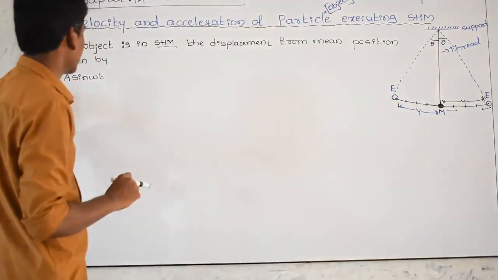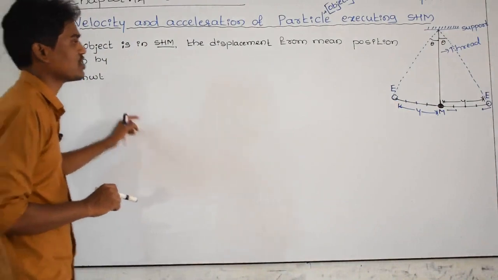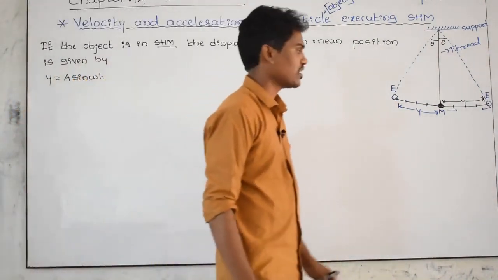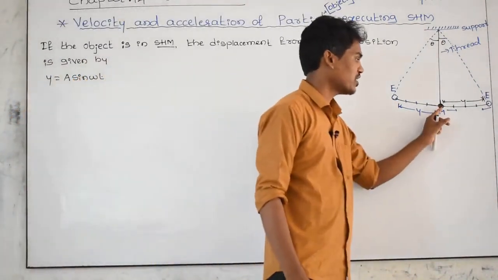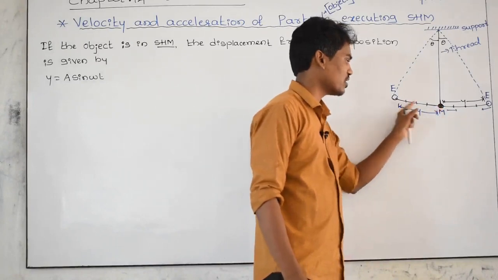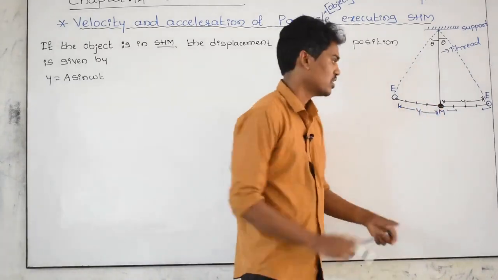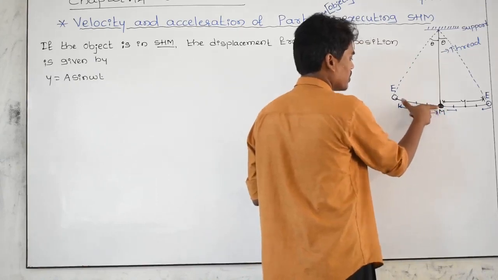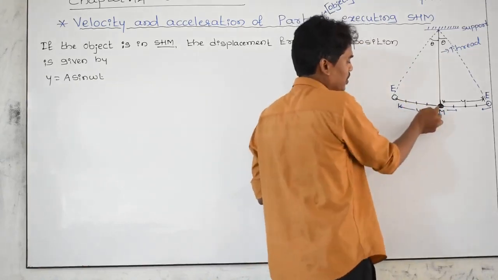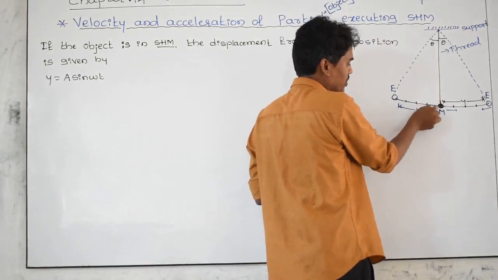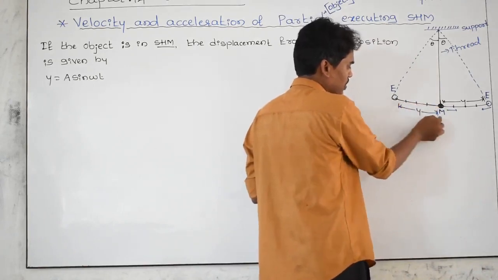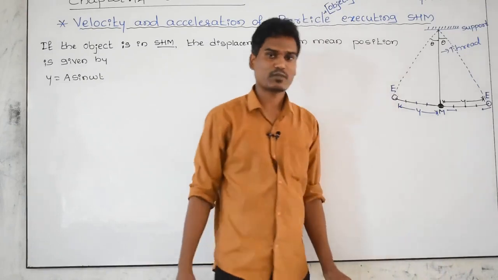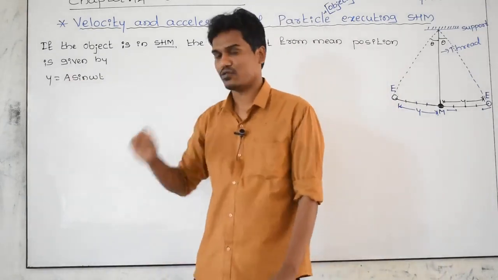Here y is the displacement, a is the amplitude, and this is the function. What is amplitude? The maximum displacement of the object from the mean position is called amplitude. This is also displacement, and this is also displacement, but this displacement is the maximum. That maximum displacement is called the amplitude.